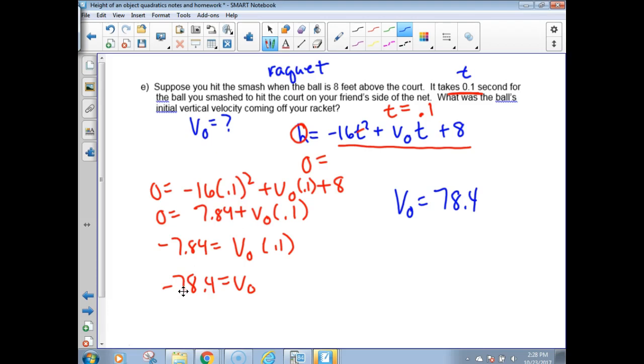Yep, ball's going down. You smashed it. It makes sense to be negative. But do we really care about the negative answer? Well, actually, no, because you're talking about what's your initial velocity. Right? So basically, you're just saying it's 78.4 feet per second. That's the speed that you put on it when you hit it. Pretty fast.